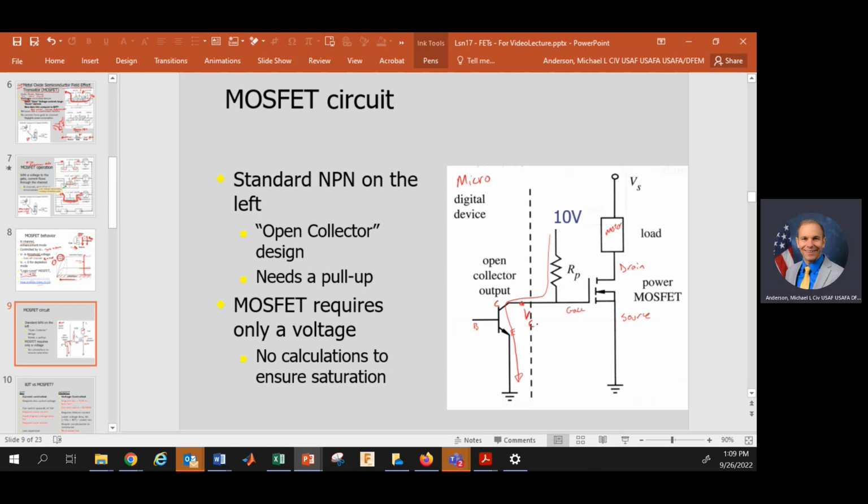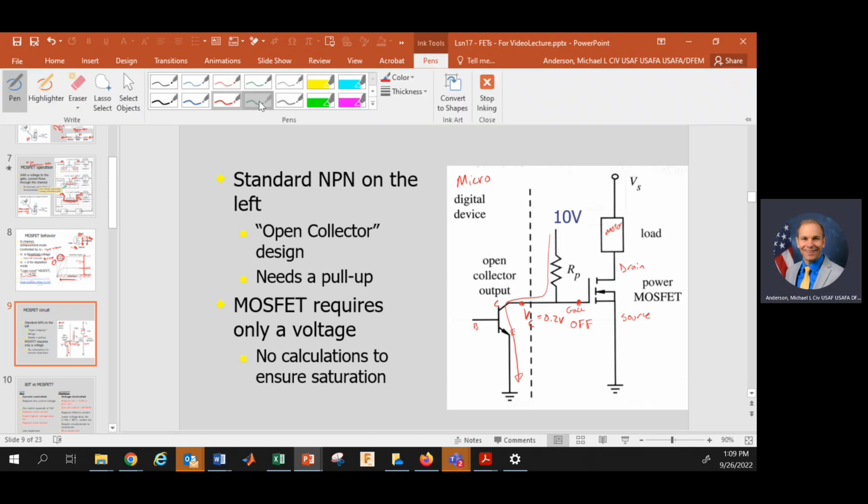Well, that's the voltage at point C. If this is saturated and the standard saturation voltage drop for a BJT is 0.2 volts, then this is 0.2 volts. If this is 0.2 volts, that means this gate is 0.2 volts. Is that MOSFET on or off? Well, it's below the threshold voltage, so this is going to be an off situation.